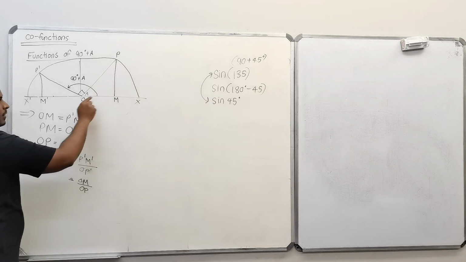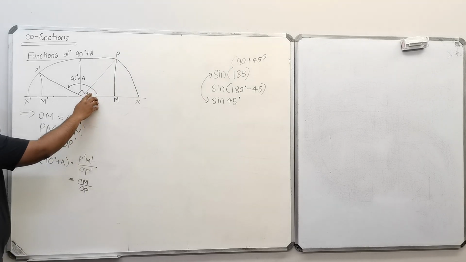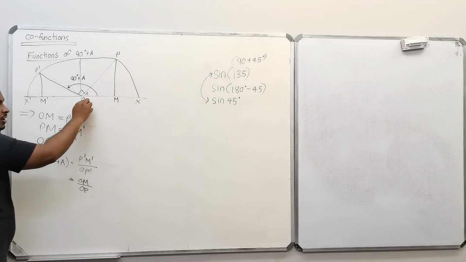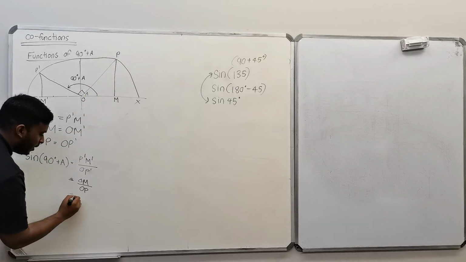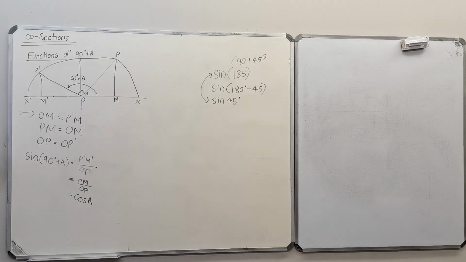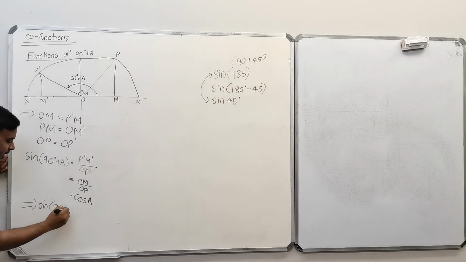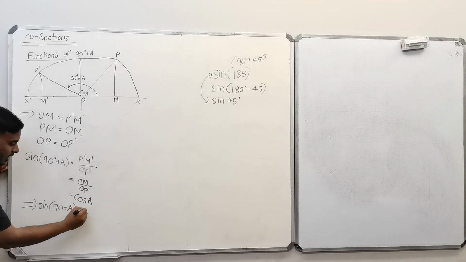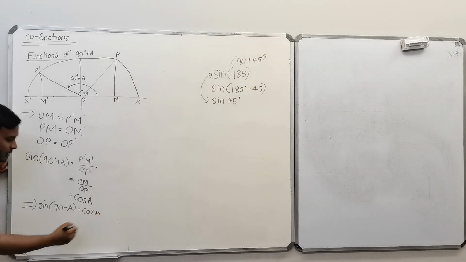OM and OP, for cos of A. So this here will also equal cos of A. And we proved it. And this is the proof because we are saying that sine of 90 plus A equals cos of A.